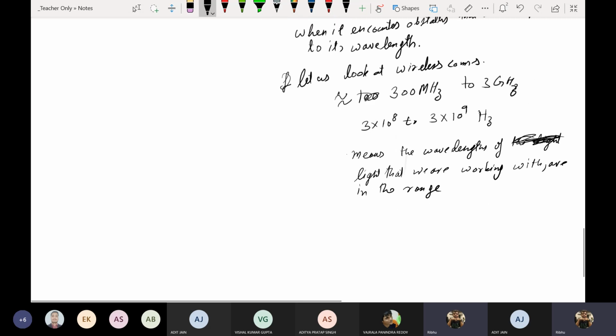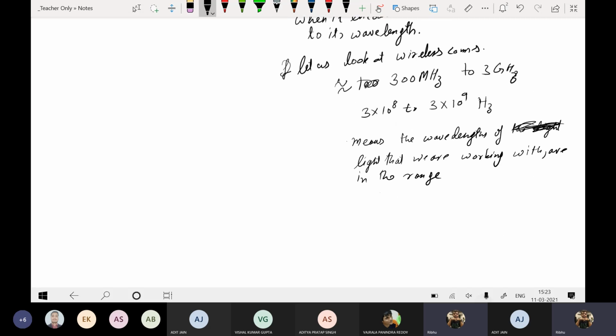What will be this range? Right? 10 centimeters to 1 meter.